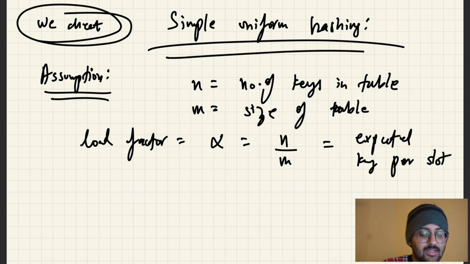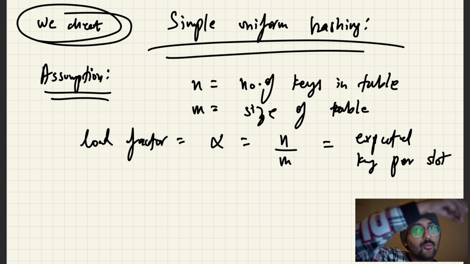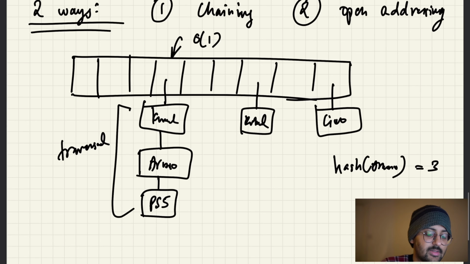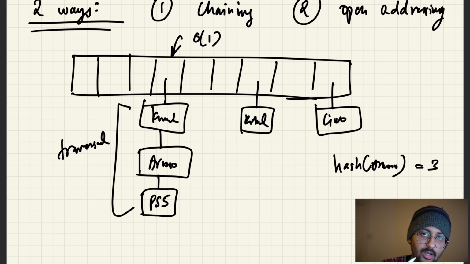Because we are making this assumption that every key is equally likely to be put in every slot, the probability that a new key will go in index number 0, 1, 2, 3, 4, 5, 6, 7, 8, 9, 10, any one of the indices, is the same. Okay, so let's say the size is 10 and you are inserting 20 items, then we are expecting at least 2 items in one index, because 20 divided by 10 is 2.